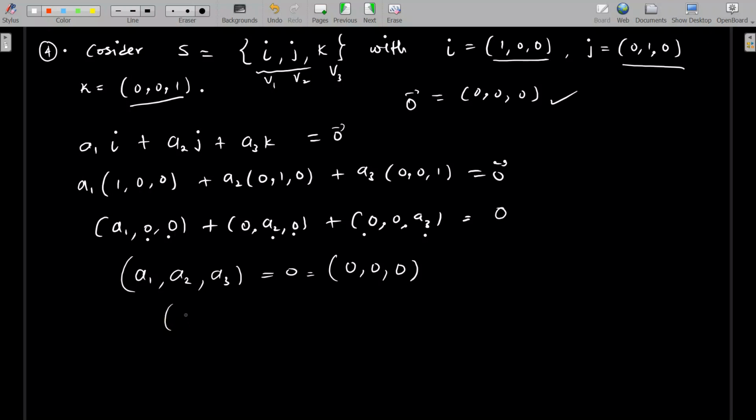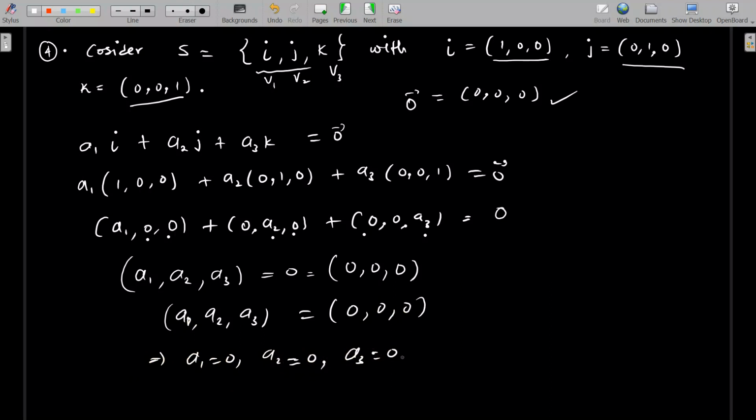And so if I have two vectors, (a1, a2, a3) with these components equal to (0, 0, 0), then from equality of vectors this is true only when a1 is equal to 0, a2 is equal to 0, and a3 is equal to 0. So we pick the scalars a1, a2, a3, and we are saying this is equal to the 0 vector.